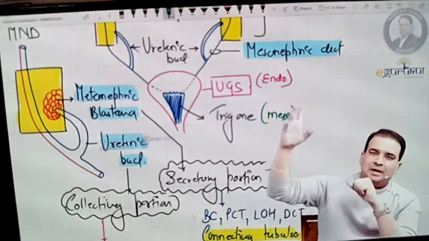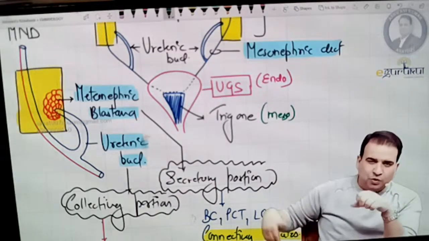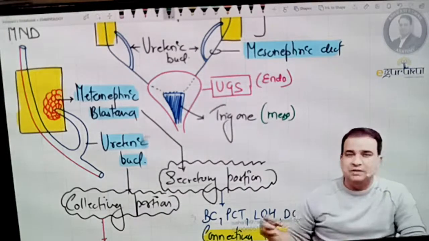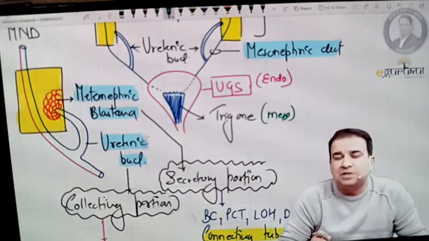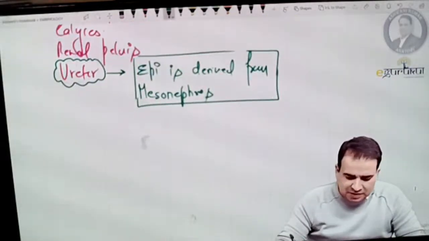So guys, kidney done, ureter done, bladder done, and the trigone and all. Let's go further. So let me take the same picture, this urogenital sinus, and talk about the development of the urethra, and especially the questions are asked on the male urethra. So let's talk about the development of the male urethra.